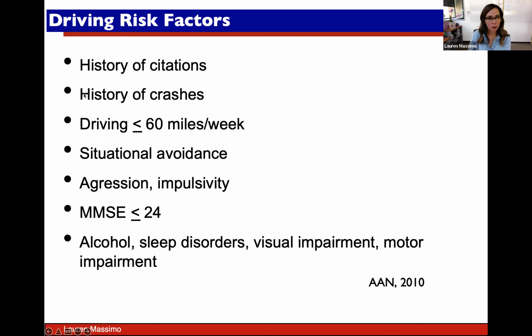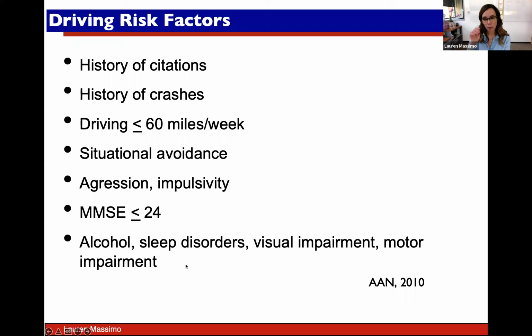The risk factors: a history of citation, if your patient has a history of crashes, if they start driving less, there's situational avoidance, if there are problems with behavior like aggression or impulsivity, if the mini-mental score is less than 24, or if there's alcohol, sleep disorder, visual impairment, or motor impairment.